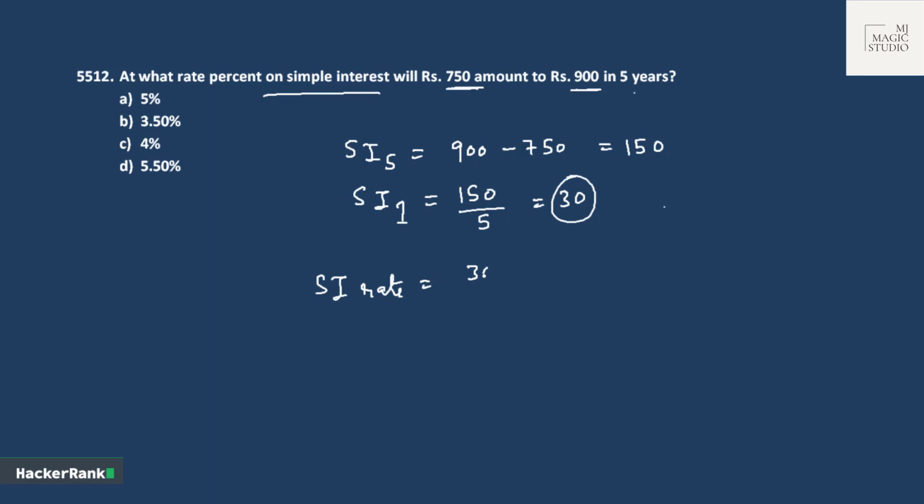Now simple interest rate would be simple interest in 1 year divided by the principal, that is 30 into 100 by 750, and then it would be 4%. So simple interest rate is 4%. Option C is the pick.